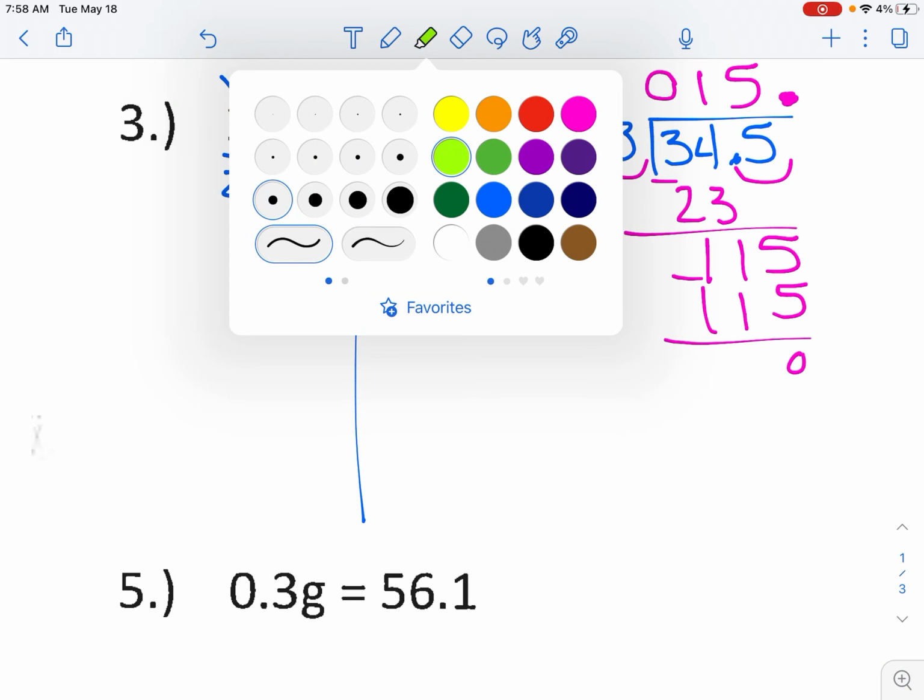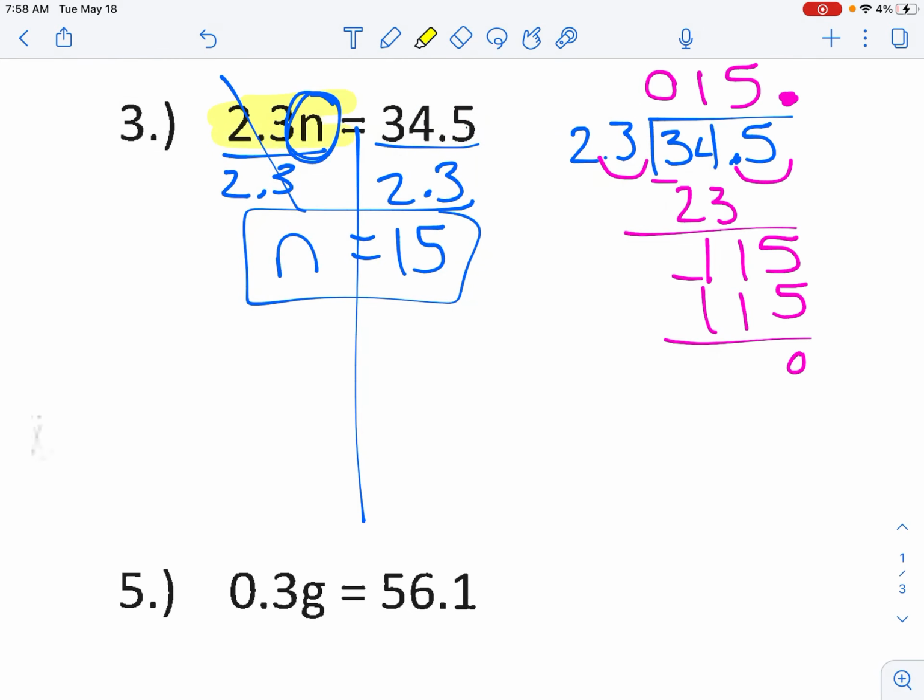Substitute. We're going to rewrite our equation, but we're going to use 15 for n. So is 2 3/10 times 15 equal to 34 5/10? This is the math that you have to show me out to the side.